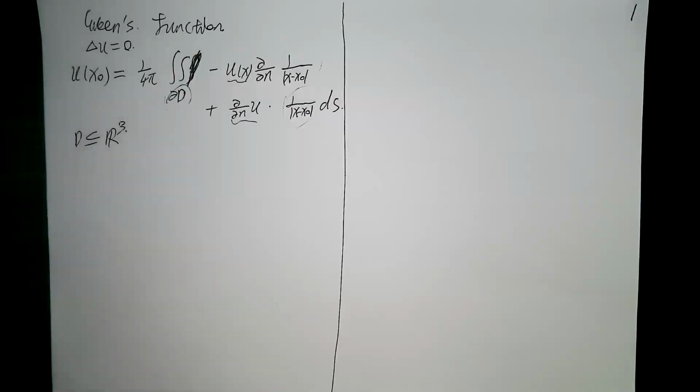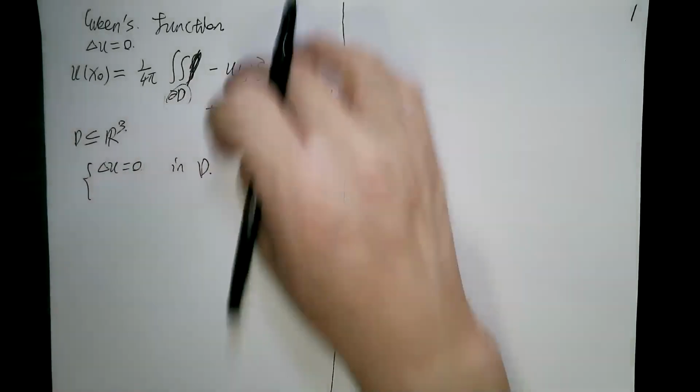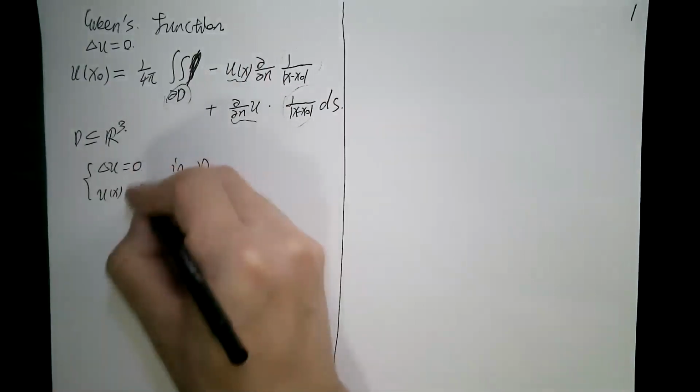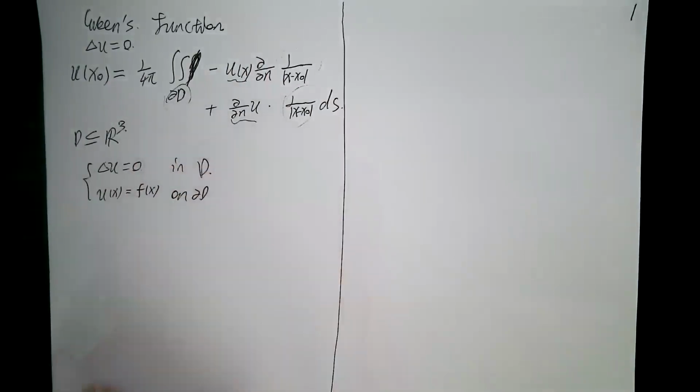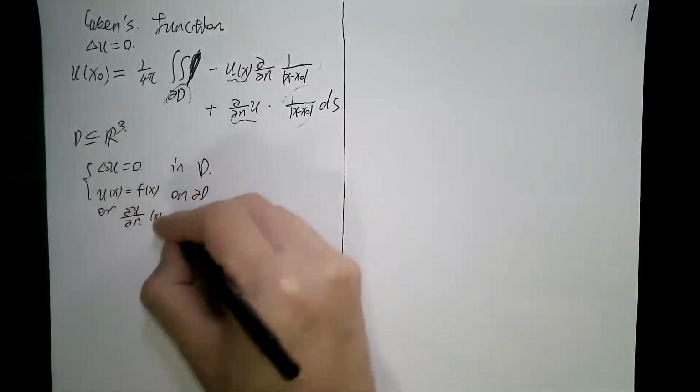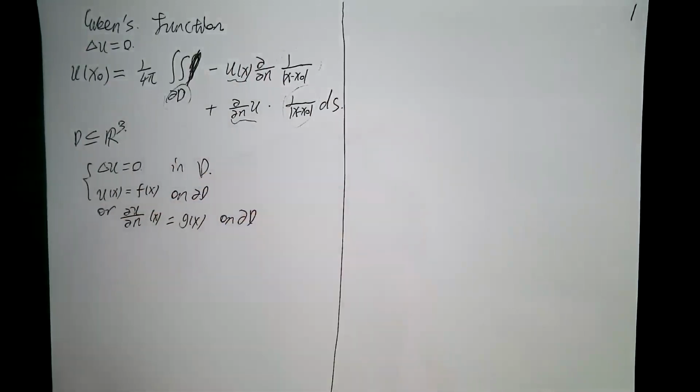However, this may not be so useful, simply because if you want to solve a PDE problem, like a harmonic function in a bounded domain D, like Laplace u equals 0 in D, then what you will know is not two boundary conditions, but either u of x equals some function f on the boundary of D, or the Neumann boundary condition, partial n u equals g of x on the boundary of D, okay?